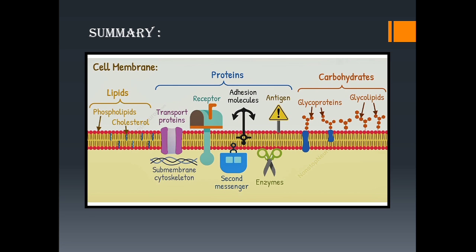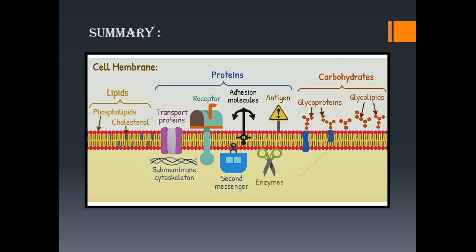And it also works like enzymes, which help with the basic functions needed for our cell. Enzymes catalyze reactions, and the chemical reaction is much faster with the help of enzymes.